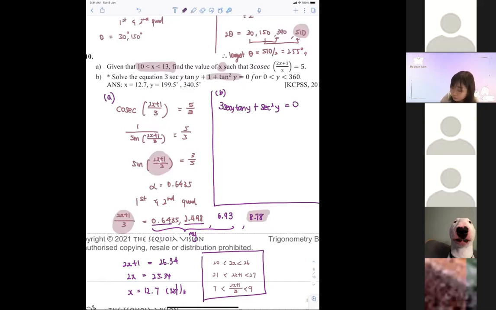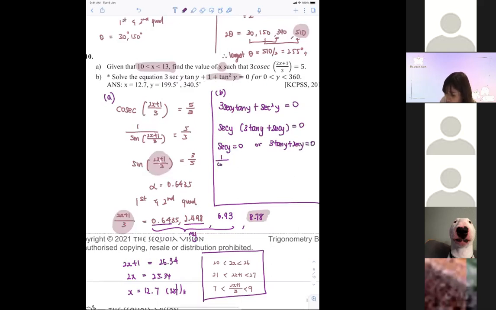So factorize first. Then we have secant y equals to 0 or 3 tangent y plus secant y is equals to 0.